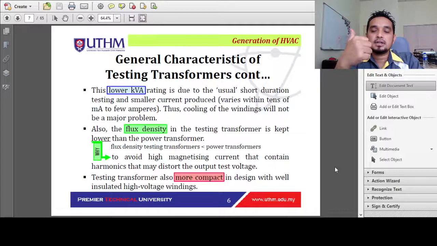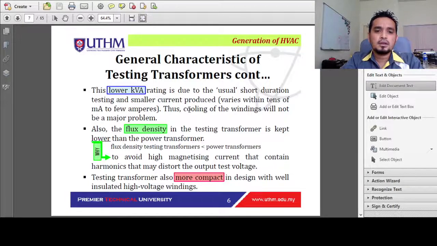Compared to the power transformer, which, once installed at any location, will run 24/7 for one, two, or three years straight, depending on the application or service and maintenance, the testing transformer is used once in a while in the lab, maybe for a short while, one hour or ten minutes for each test.